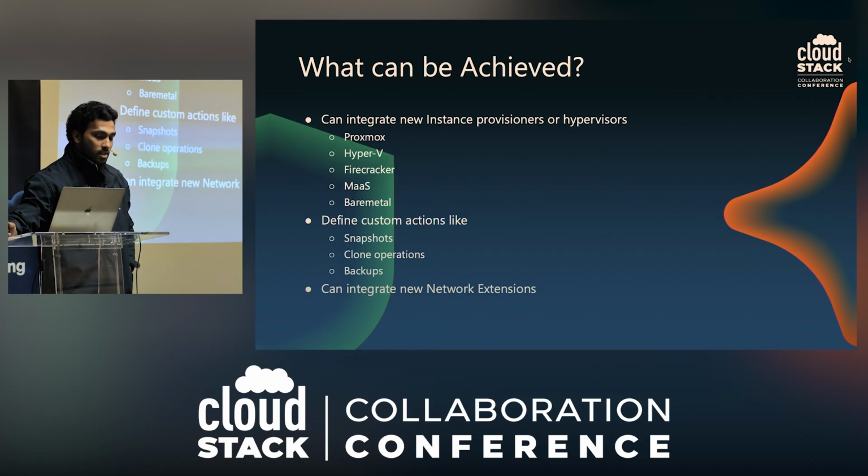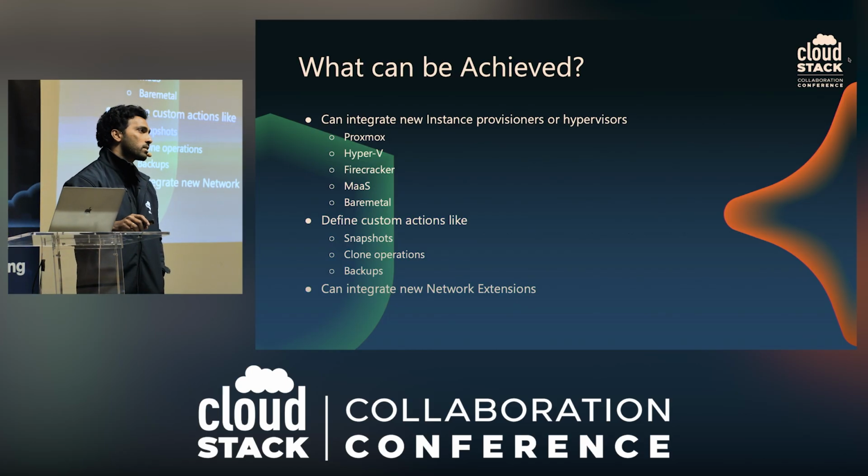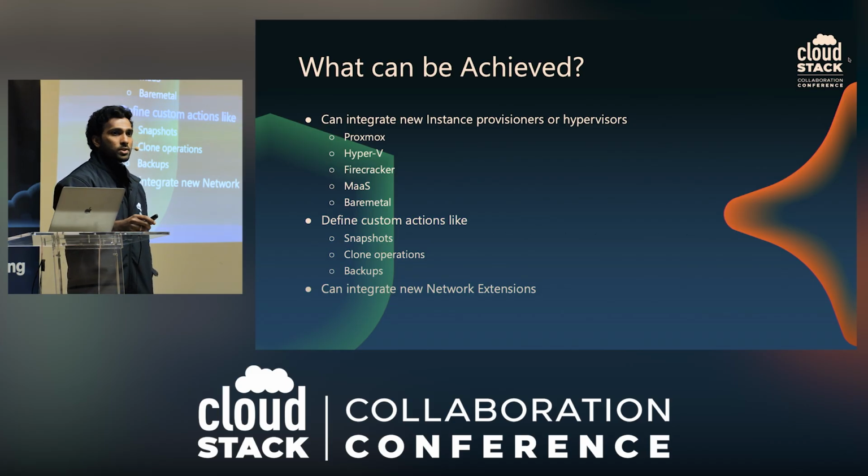I'll give you an example. Yesterday during the hackathon, we got a question about whether we can do DB as a service using this extension feature. Yes, we can. Suresh, if he is here, did it in a couple of minutes. He just wrote a couple of scripts and made it work with CloudStack. It may not be completely production ready, but it's as simple as that.